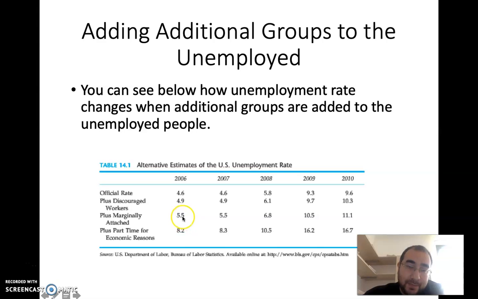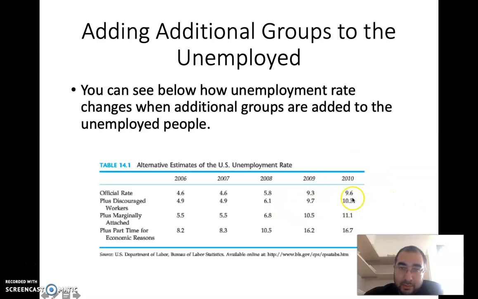When you add them, the 5.5 rate increased to 8.2, which means 2.7% of the workforce falls in that category. And then it is 2.8. Then it increases to 3.7. Then it increases to 5.7. It's almost half of this rate, the 10.5 rate.